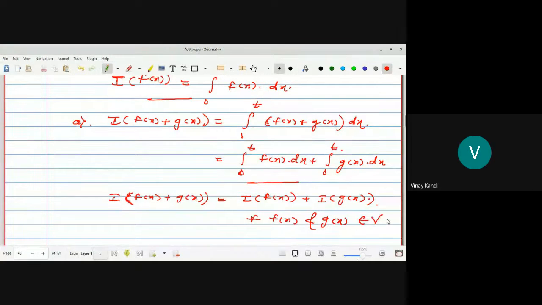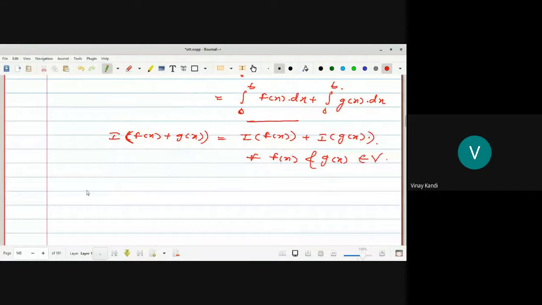And the second condition is the B part. I of a into f of x, by the definition of the mapping, is the integral from 0 to t of a into f of x dx. If you have to find the integration of this one, take the constant term outside the integration.